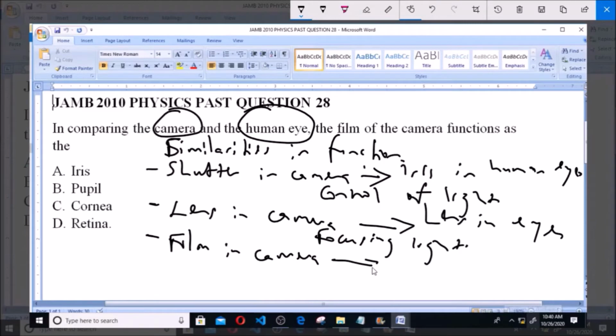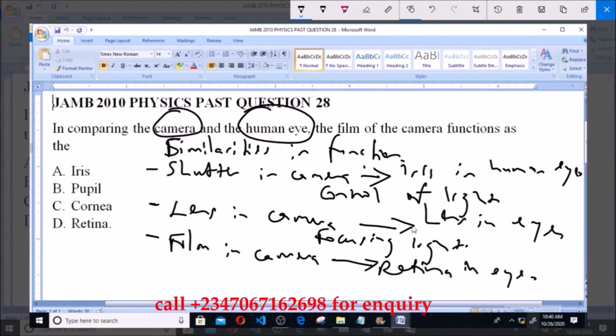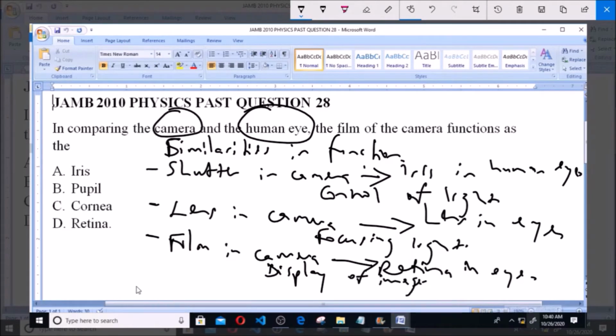It is compared to the retina of the human eye, and this is because of their function in display of image. So these three basic parts are compared in the camera and the human eye.